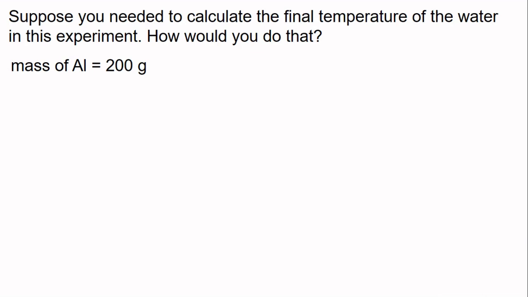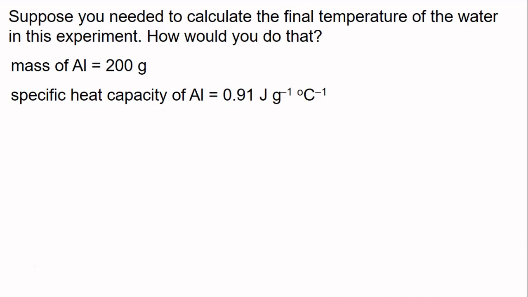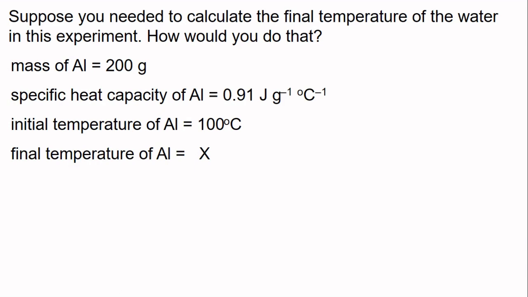What that means is that the heat that is lost by the metal is going to be the heat gained by the water. We have 200 grams of aluminum, and we know the specific heat capacity of that metal. Initially it's in boiling water, so it's 100 degrees Celsius, and then it cools down to a final temperature. We just don't know what that is.